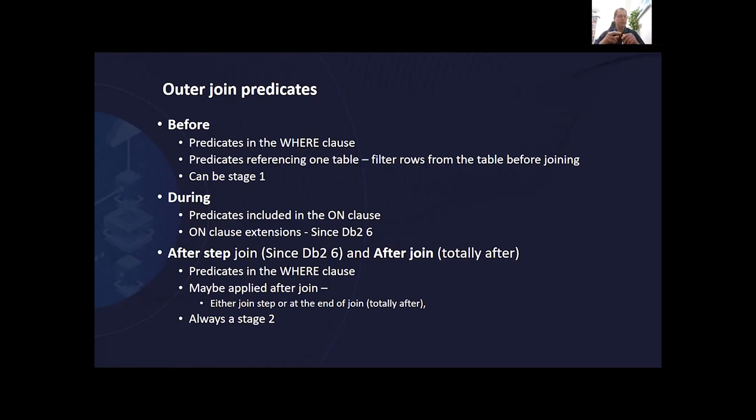And after, there can be two flavors of after join predicates. One is after join step, which is available since DB2 V6, as I have learned, and the other is totally after join. These are predicates, again in the WHERE clause, and they are applied after the join happens. And I have seen a very nice article from Terry Purcell about that. I have a link at the end of my session.